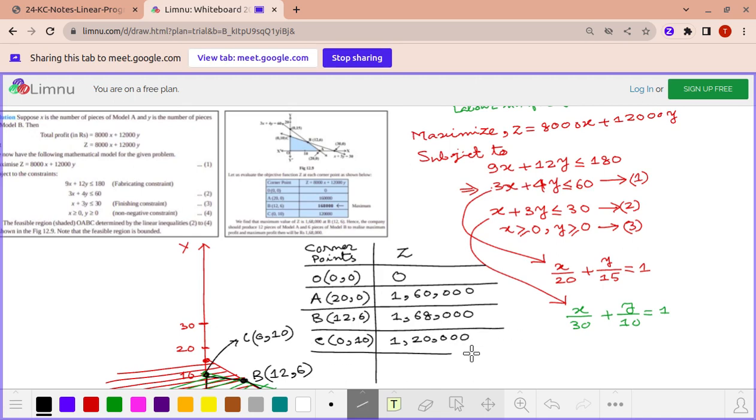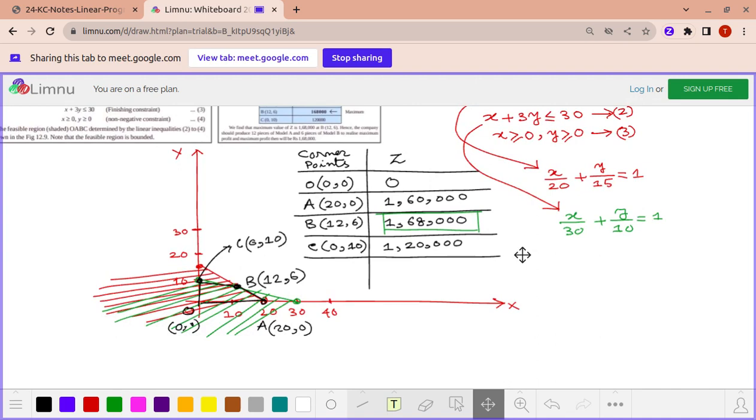Okay, so this is done, and we need to find the maximum value of the objective function. The maximum value here is 1,68,000. And as the feasible region is a bounded one, we need not do anything extra.